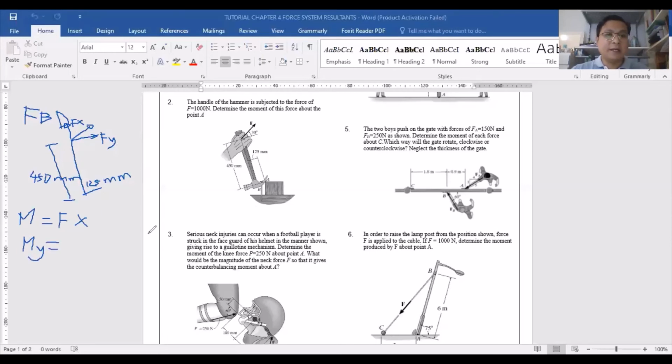Moment in y is F resolved to y, so F cos 30, times 450 millimeter. So we convert after that.